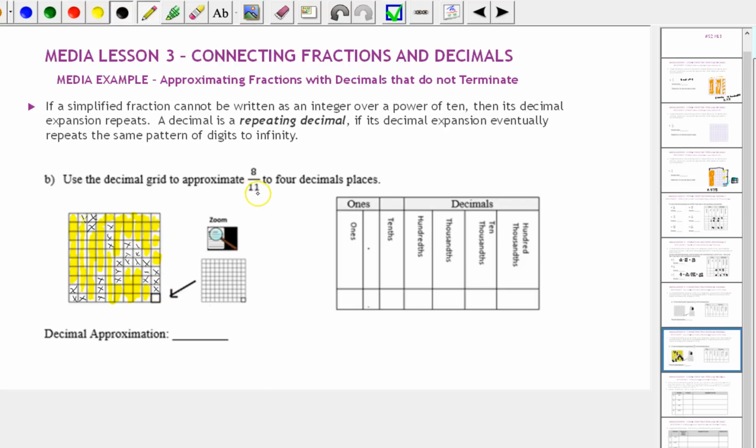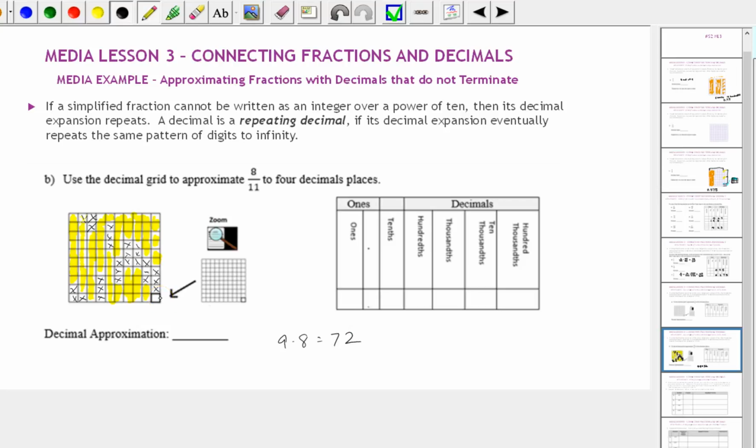So there's 11, so we're going to take 9 groups of 11, and each of those 9 groups will have 8 of them shaded. So you can count these, or we have 9 times 8 is 72. But then we have this last one. So what do we do with this?